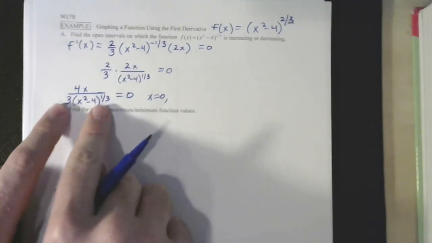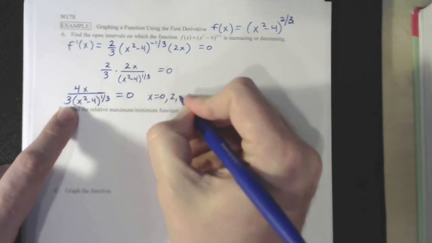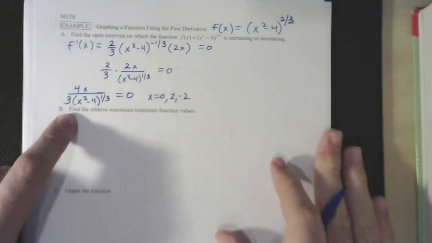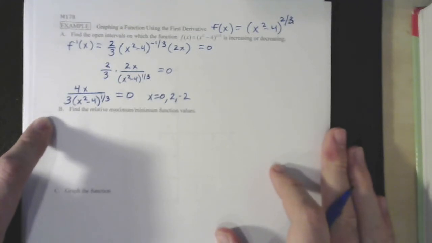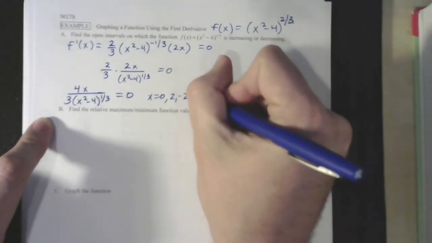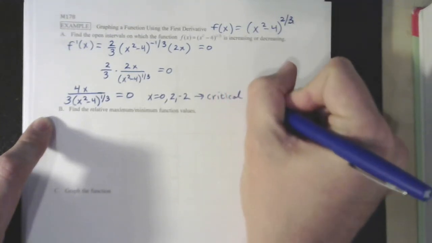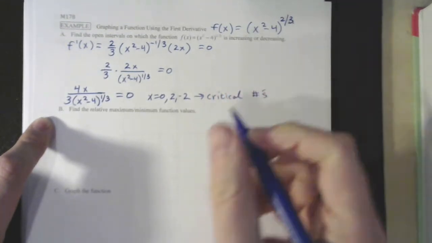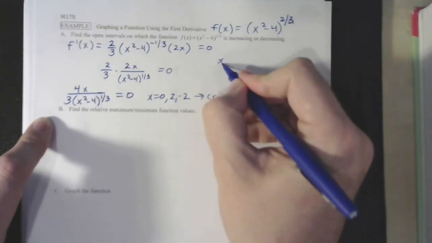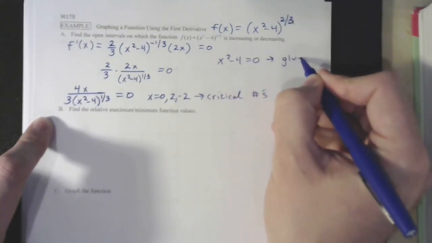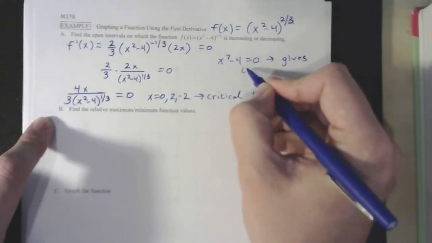So that would be positive and negative 2. So that gives us our values to test. These are our critical numbers. And again, because x squared minus 4 equals 0 gives the undefined points.